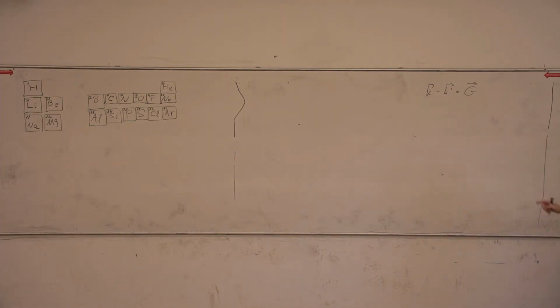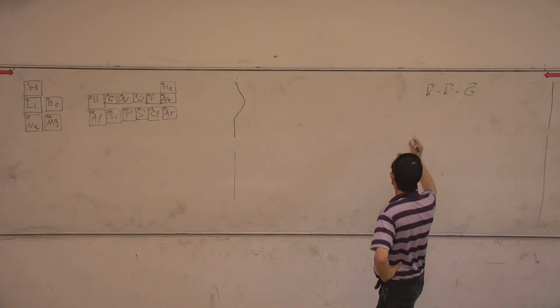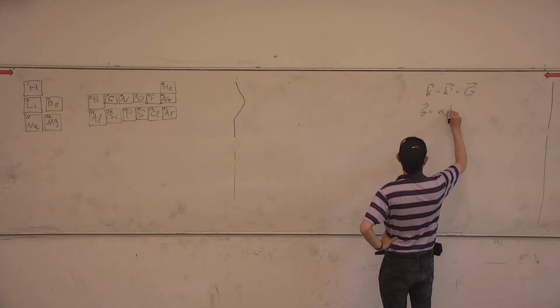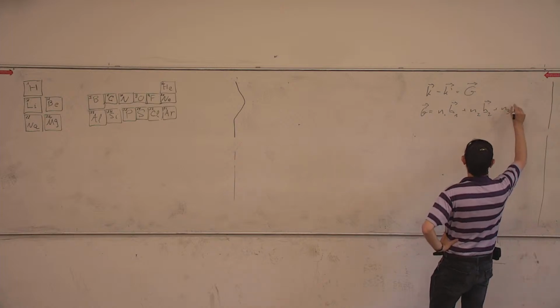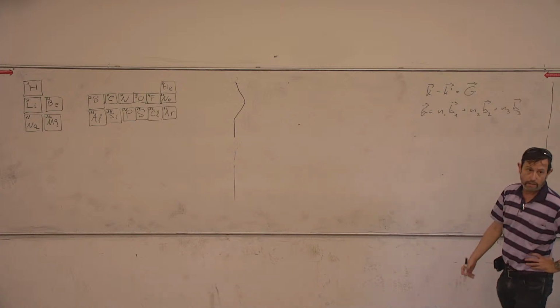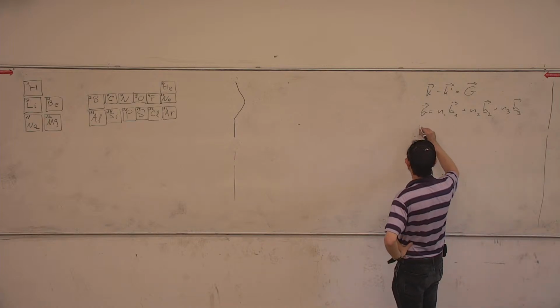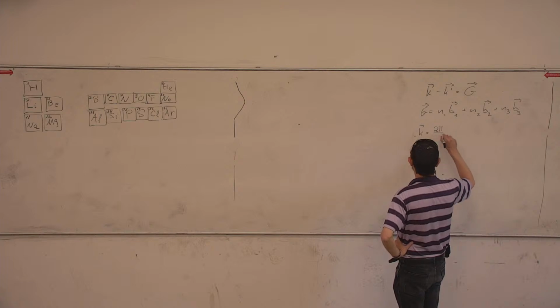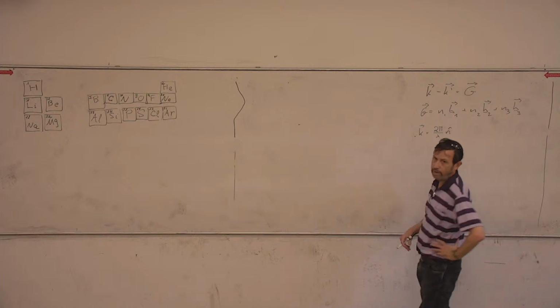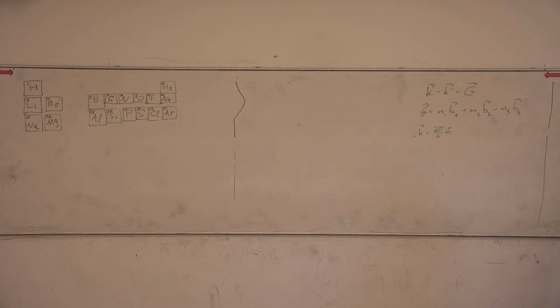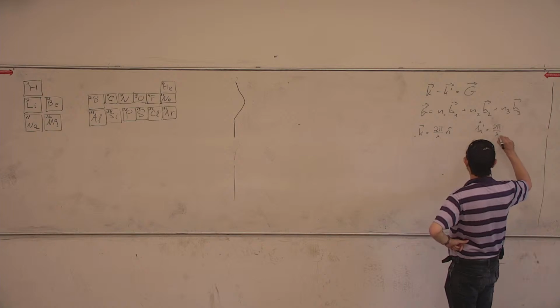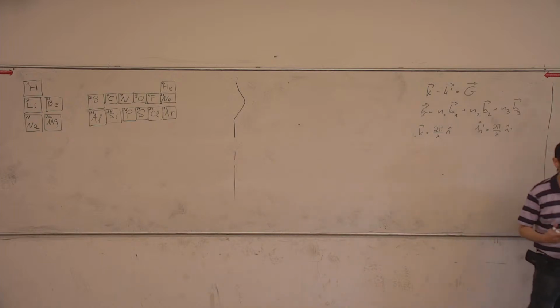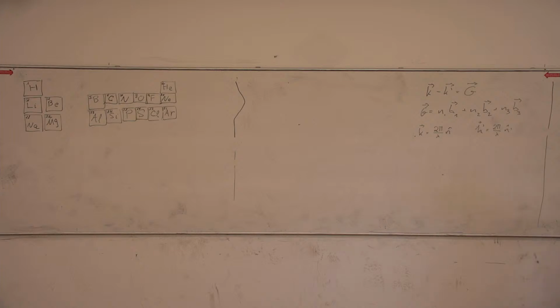Okay, so where G is a reciprocal lattice, and K, where n vector is just a unit vector in the direction of the propagation of the incoming wave, and K prime is a unit vector in the direction of propagation of the outcoming wave.